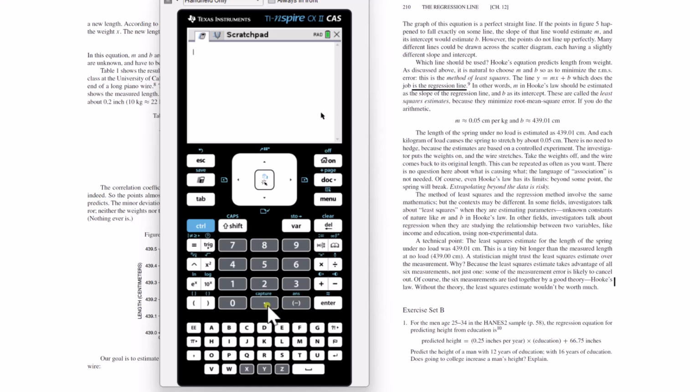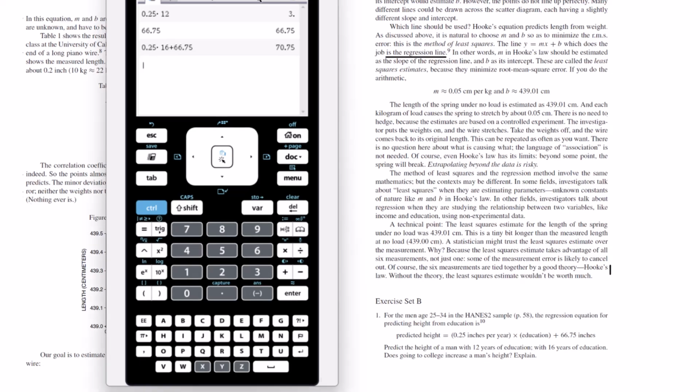So we do 0.25 times 12 plus 66, 66.75. Okay, then we do the same thing with 16 plus 66.75. So 66.75 and 70.75.